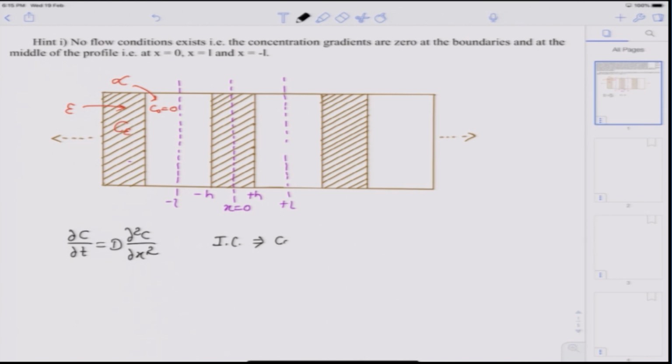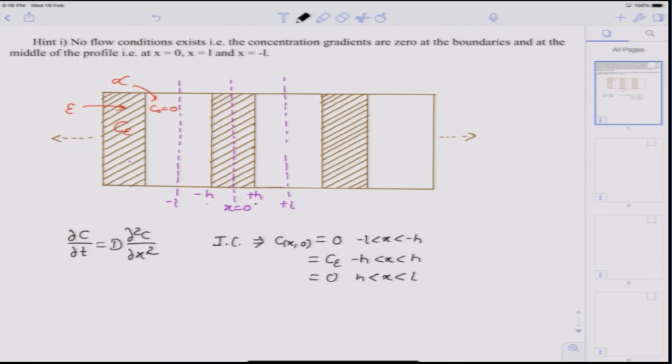So, C at x and t equal to 0 is equal to 0 for minus L less than x less than minus H, it is equal to C epsilon for minus H less than x less than plus H, and again it is equal to 0 for H less than x less than L.